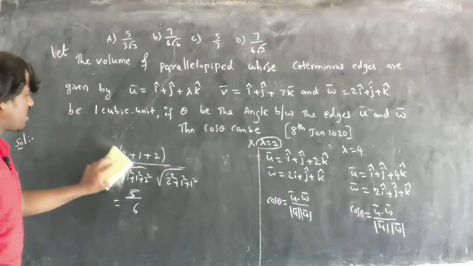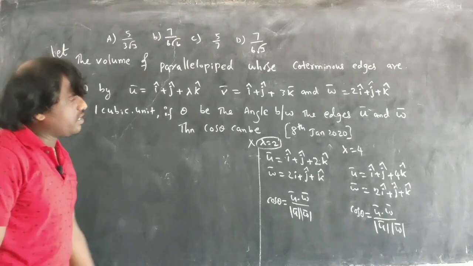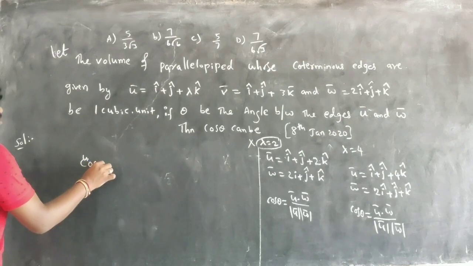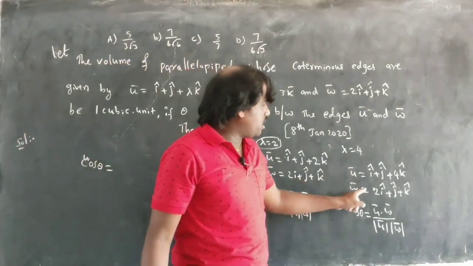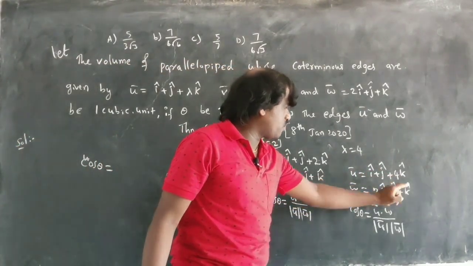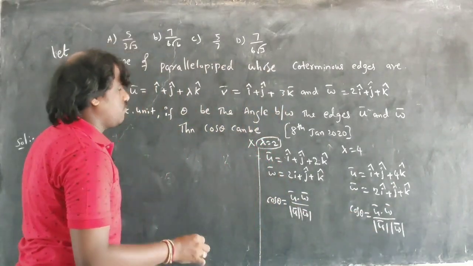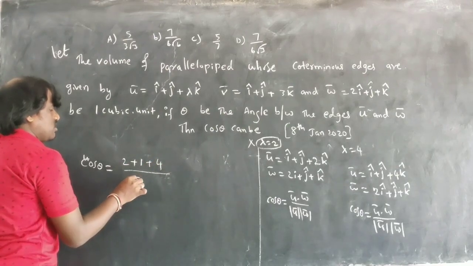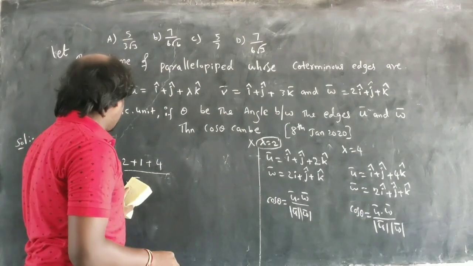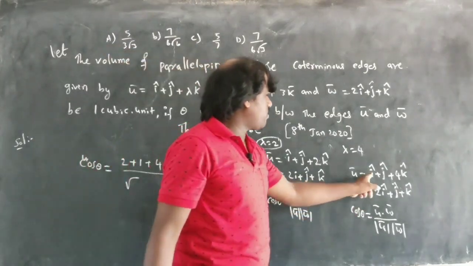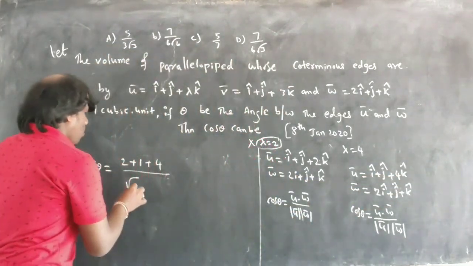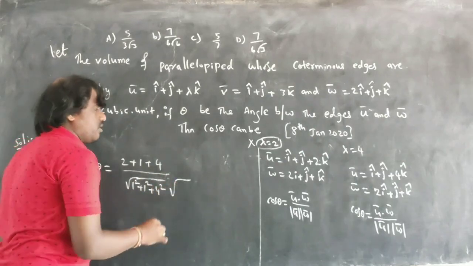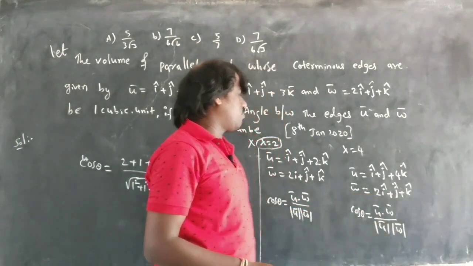Then we have to go for lambda is equal to 4. If I go for 4, what do I get? Cos theta is equal to u dot w. So 2 ones are 2, 1 one is 1, 4 ones are 4: 2 plus 1 plus 4, divided by the square root of 1 square plus 1 square plus 4 square, and the square root of 2 square plus 1 square plus 1 square.